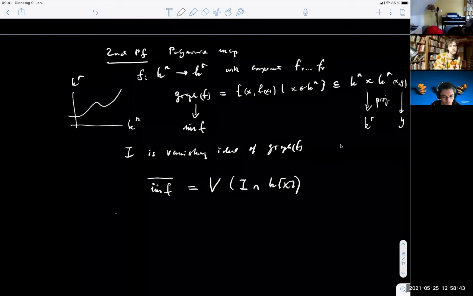Also, I used this projection, let's call it pi 2. It's easy to get confused here. But I can also use pi 1. Also consider this projection.